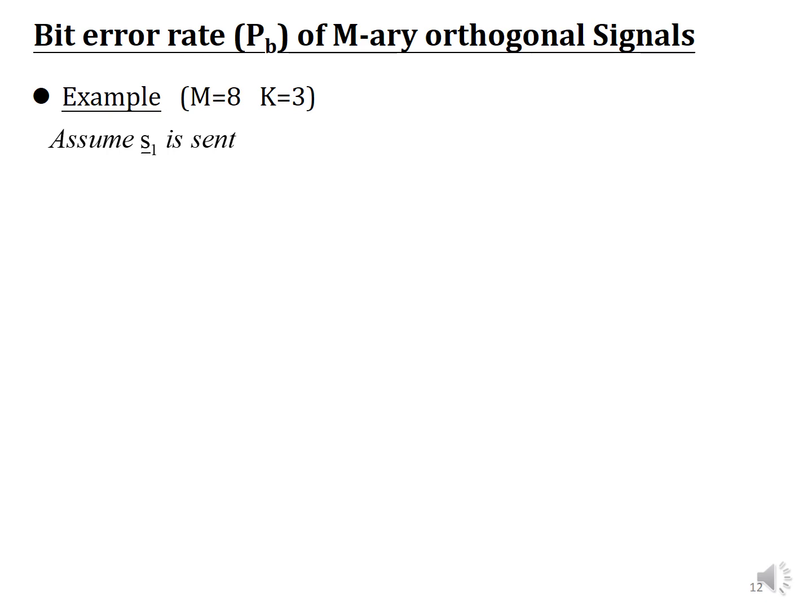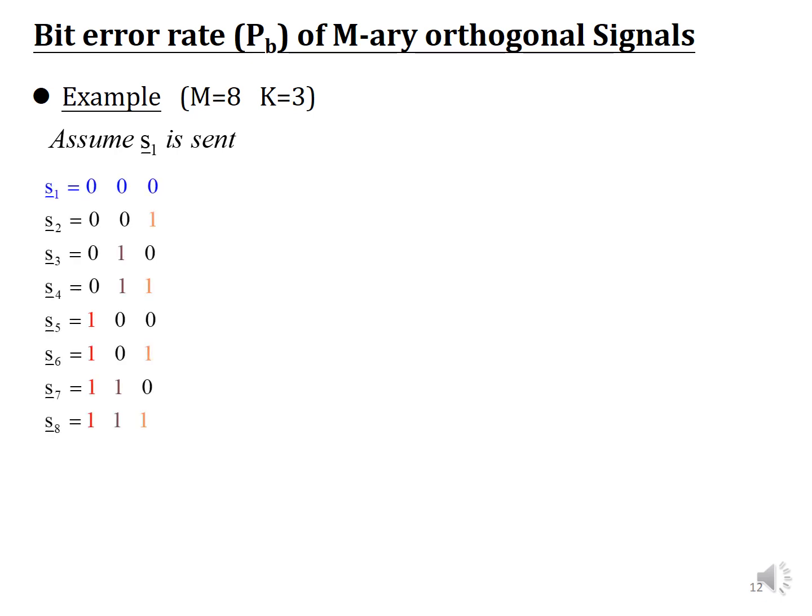So assume that S1 is sent at the transmitter, and there are 8 different symbols, S1, S2, S3, up to S8.